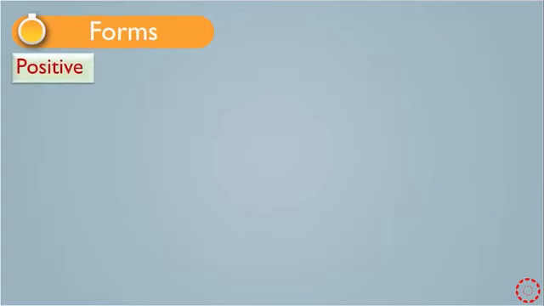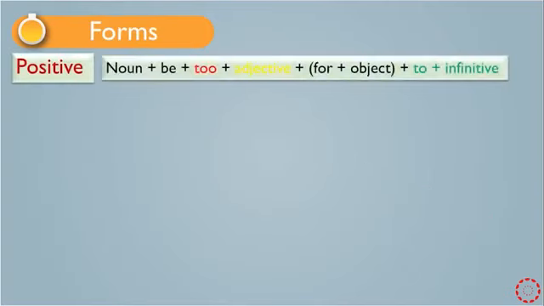The positive form: we have noun plus be. What's be? Is, am, are, was and were, plus "too," plus the adjective, plus "for," plus object, plus "to" infinitive.